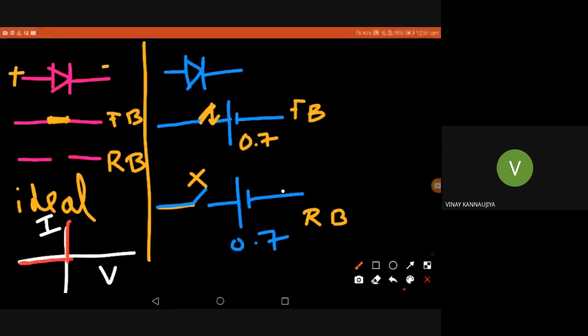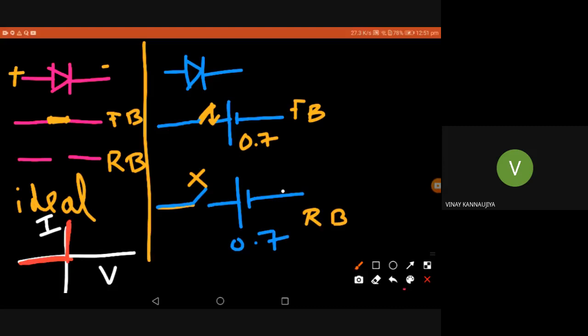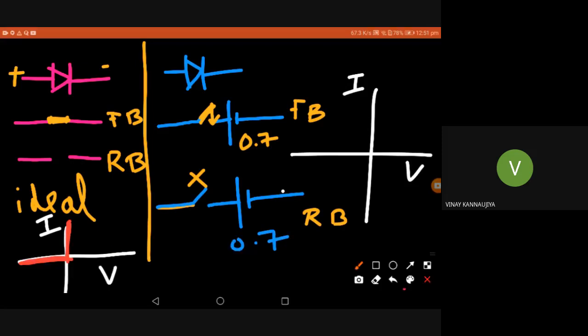This is the ideal characteristic of a diode. In the second scenario, we again draw I versus V, I on the y-axis and V on the x-axis. Now there is some voltage drop across the diode in the forward direction, and the reverse direction is zero. This voltage is 0.7, represented by this.